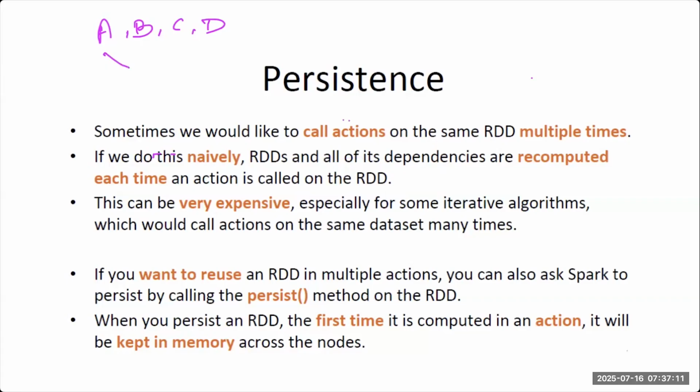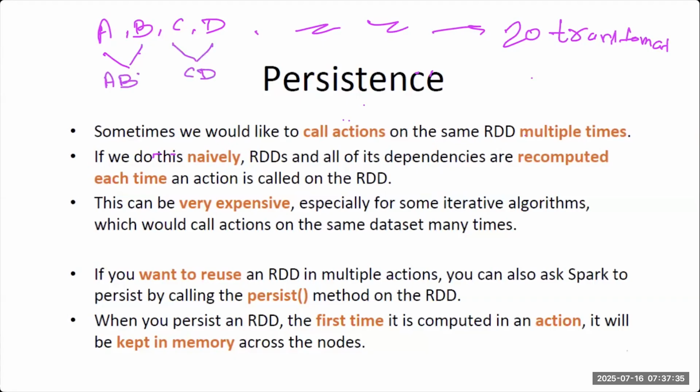We are doing multiple transformations on them, let's suppose 10, 20 transformations. Now, I joined A and B and got the result AB, and then I joined C and D and got the result CD. And during these 20 transformations, I am going to use A and B and C and D at multiple places.